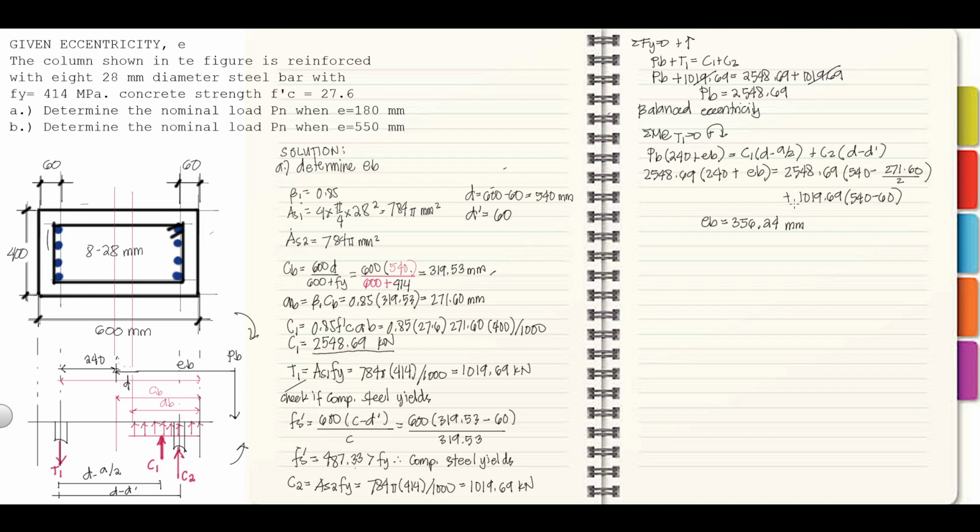Plus C2. So, C2 is 1,019.69 multiplied by D minus D prime, 540 minus 60. So, we'll have an E balance of 356.29. Okay, okay na tayo for the E balance. So, we can now solve for letter A. Okay, so, letter A na po tayo.